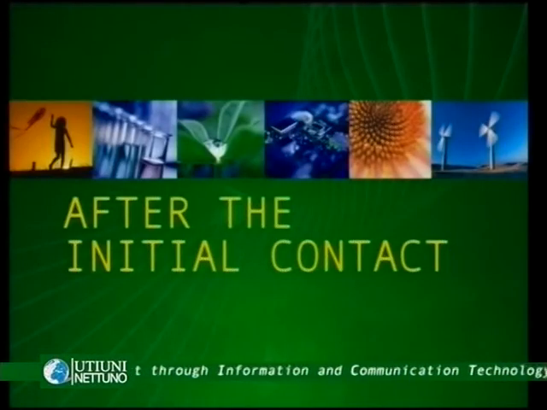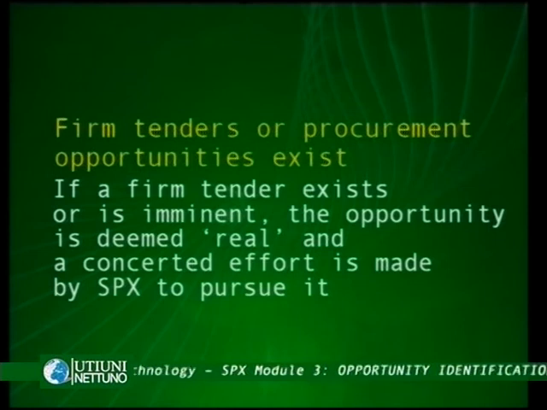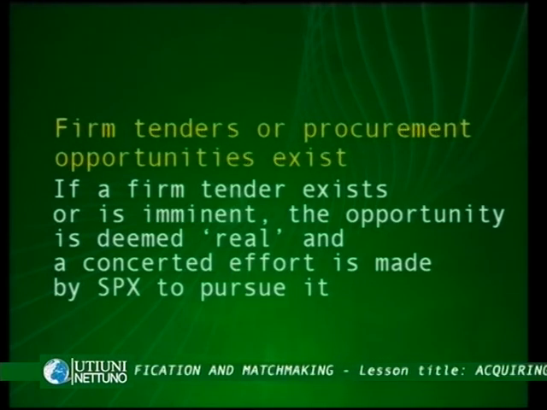Now, after the initial contact, that is, the contact has now been made, firm tenders or procurement opportunities exist. That is what the scenario usually is. If a firm tender exists or it's imminent, the opportunity is deemed real, and a concerted effort is made by SPX to pursue it. And that is where SPX plays a major role, at this stage of the tendering process.